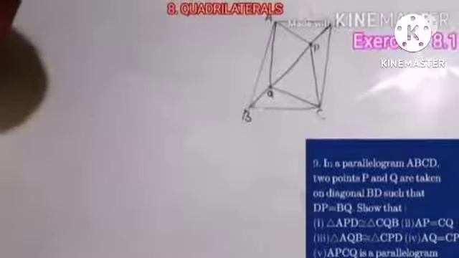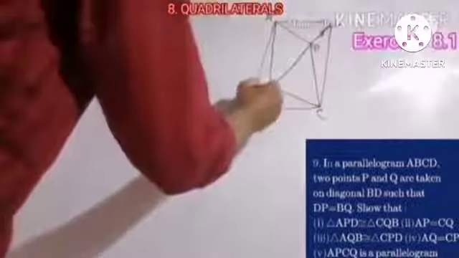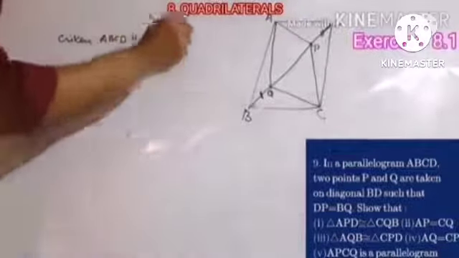What is given in the question? P and Q are taken on diagonal BD such that DP equal to BQ. These smaller two sides are equal. Given ABCD is a parallelogram. We know that in a parallelogram, opposite sides are equal and parallel.